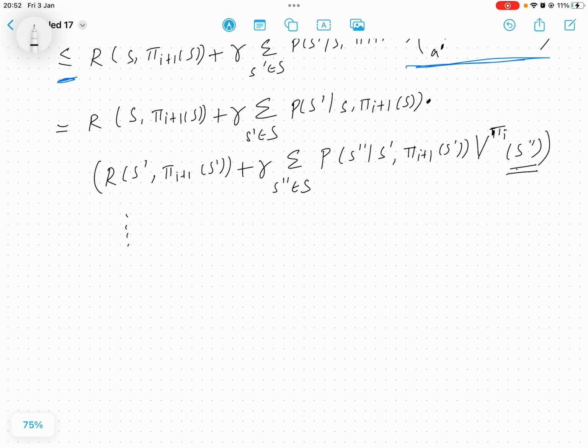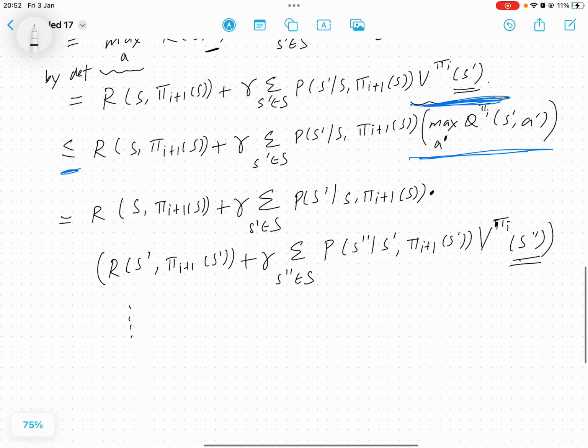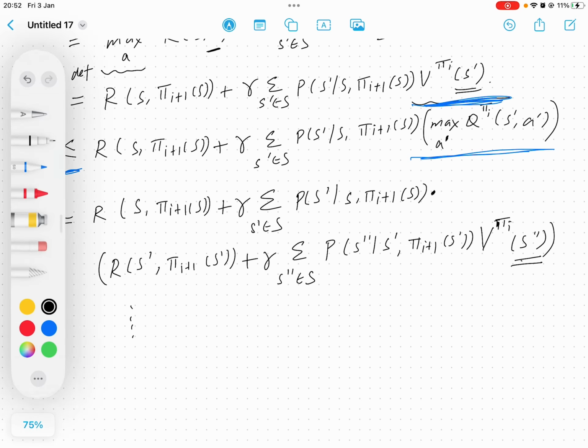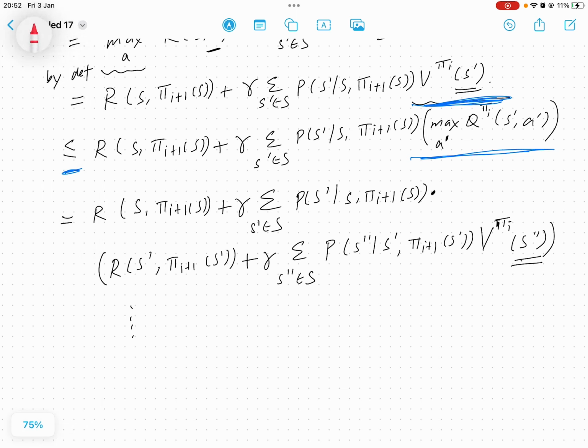So what we're doing here is to try to expand all those Q functions in the format of discounted future rewards, using V pi_i but replacing s with s single prime, then s double primes. So eventually we'll exhaust all the states for all the time steps. But something very important that we can observe is that we only have pi_{i+1}, no matter how far we go from here.